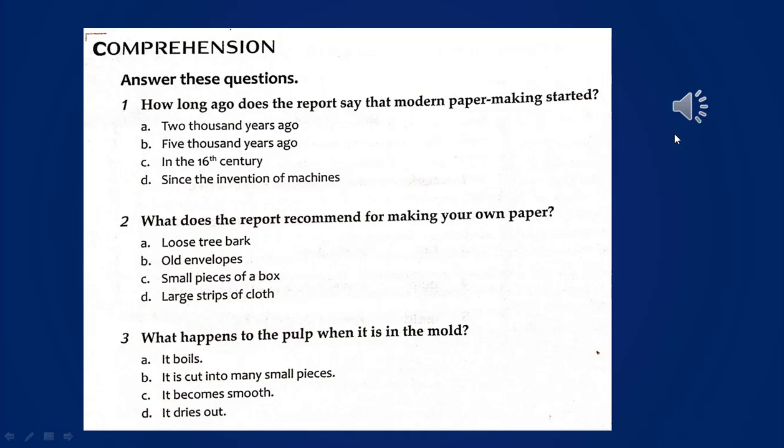Large machines started to be used for making paper near the end of the 16th century. Today, paper making is a big business. But it is still possible to make paper by hand, since the steps are the same as using big machines. You should choose paper with small amounts of printing. Old envelopes are good for this reason.